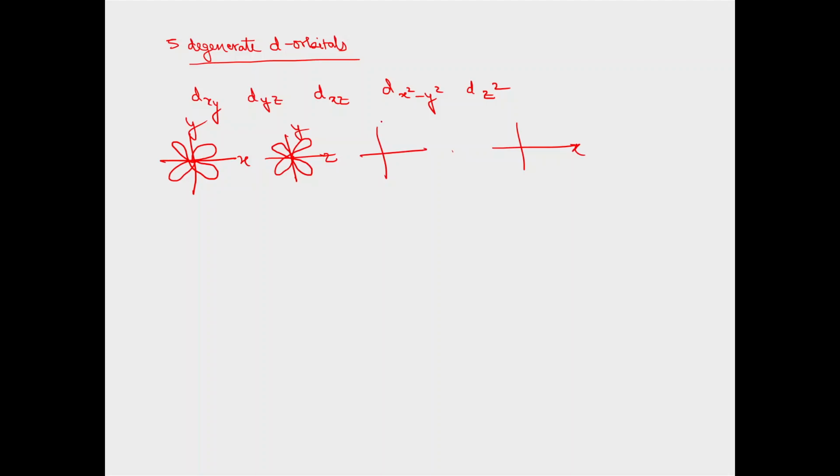If it's xz, then it will be between the axes. Whereas for dx square minus y square, if this is the xy plane, then the orbital lobes lie along the axis. And for dz square, this is the z axis.